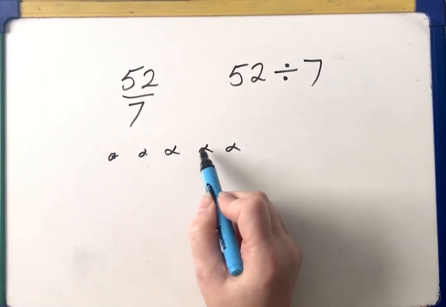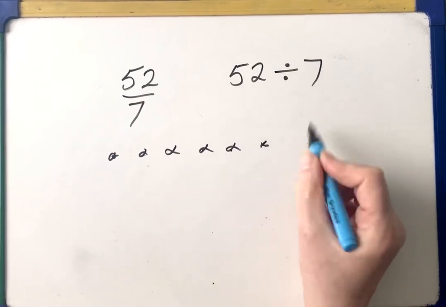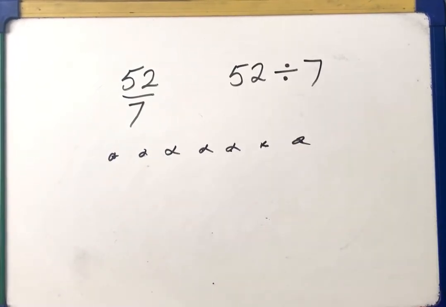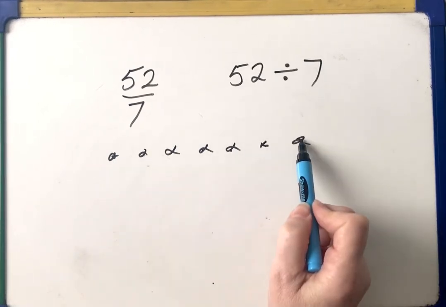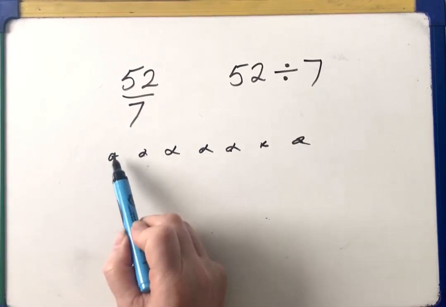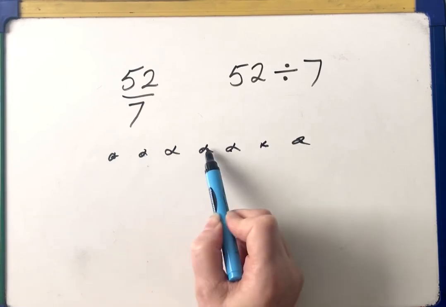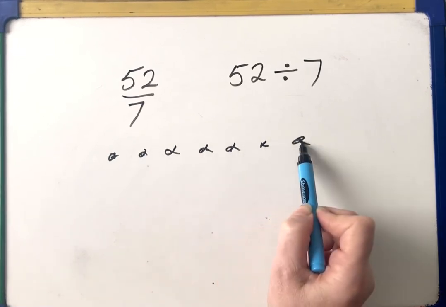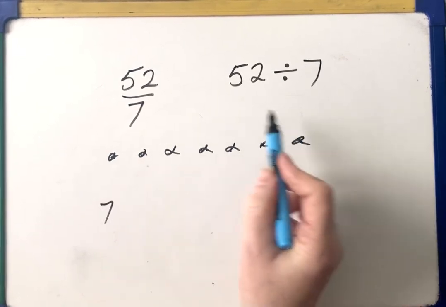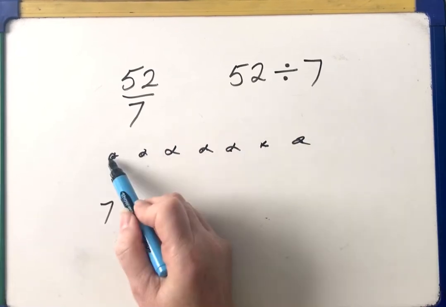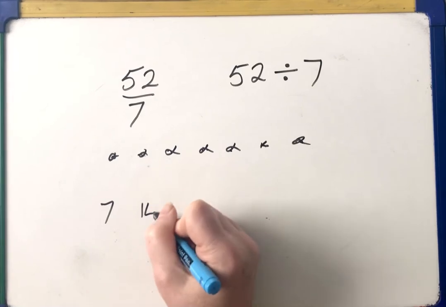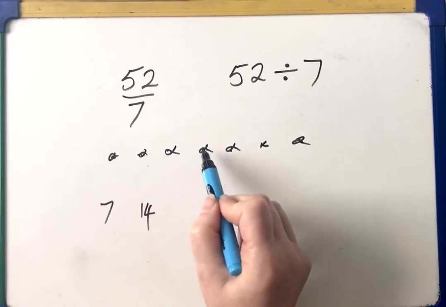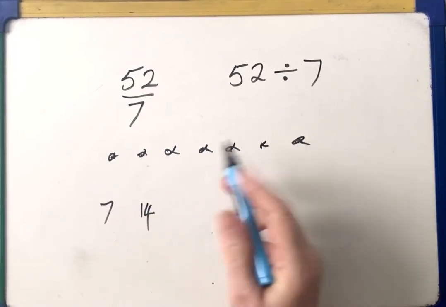1, 2, 3, 4, 5, 6, 7. So I've put 7 little squiggles. Now I'm going to start at the beginning, and every time I get to the end, I'm going to write down the number. 1, 2, 3, 4, 5, 6, 7. Back to the beginning. 7, 8, 9, 10, 11, 12, 13, 14, 15, 16, 17, 18, 19, 20, 21.